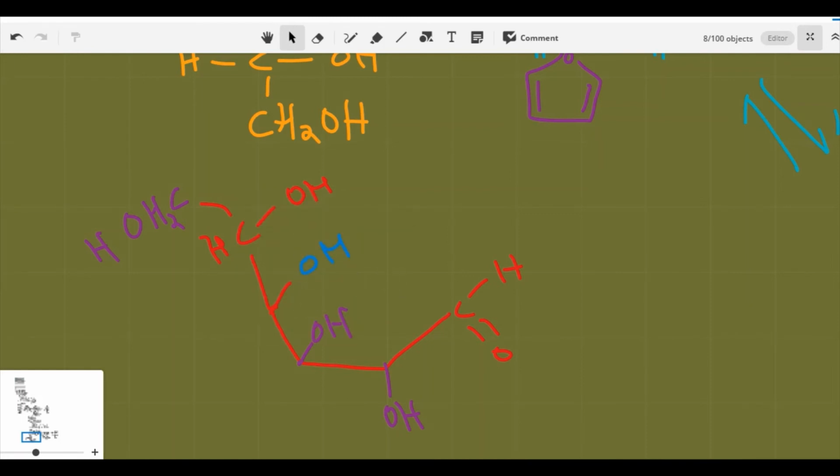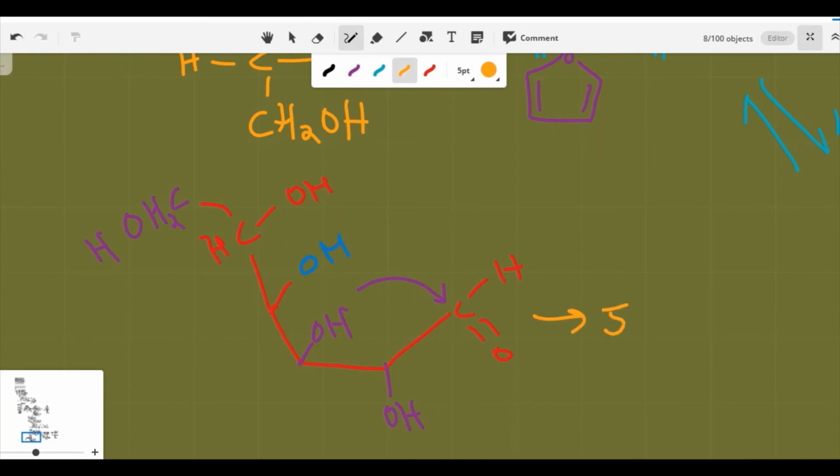So now two or more hydroxyl groups can react with aldehyde or ketone at the other end of the molecule to form hemiacetal or hemiketal. Consider if the C4 hydroxyl group reacts with the aldehyde of the glucose like that, it will make a 5-membered ring.